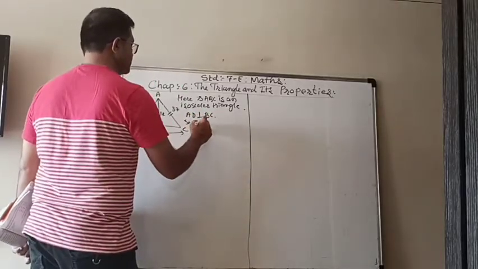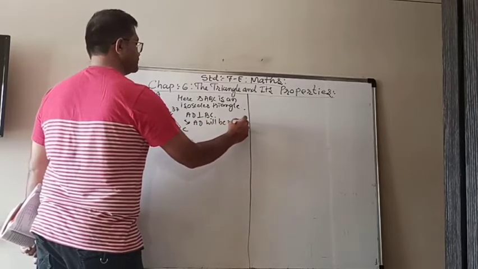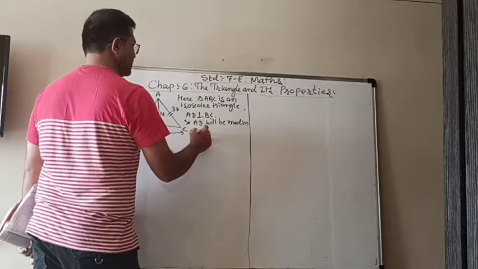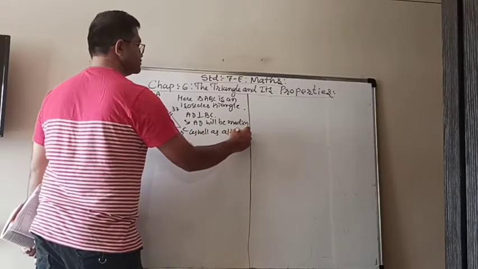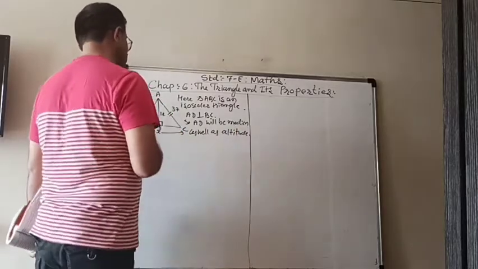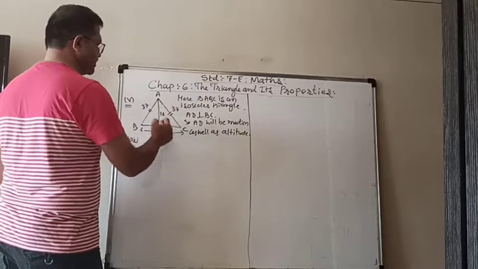So AD will be median as well as altitude. So now first we will take this triangle ADC.